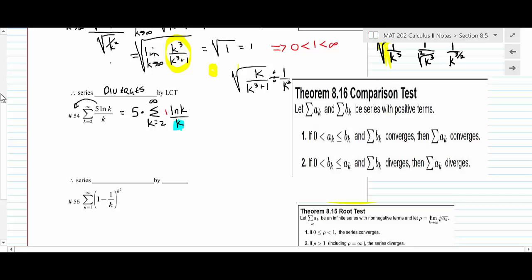Harmonic series, right. So what we're going to do is let b sub k, which is the series we're comparing it to, be the series k equals 2 to infinity of 1 over k. The reason we can do that is, one thing we learned is, if you take off terms of a series, it does not change its divergence or convergence.